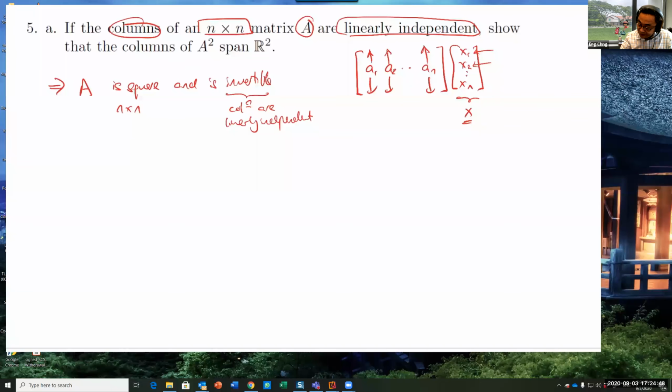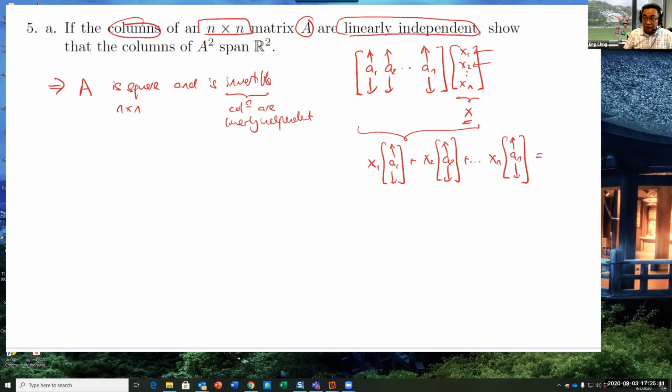Now, when we see this, we understand that a matrix vector multiplication is nothing but x1 multiplied by the whole vector a1 plus x2 multiplied by the whole vector a2 and xn multiplied by the whole vector an.